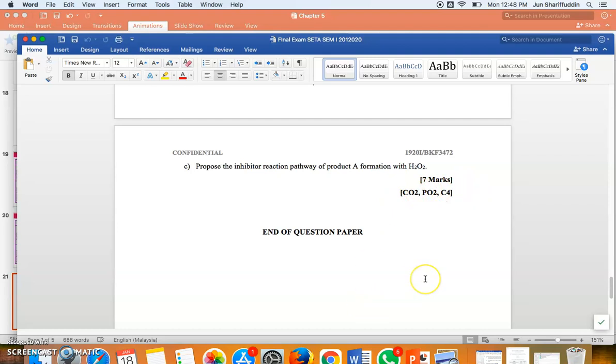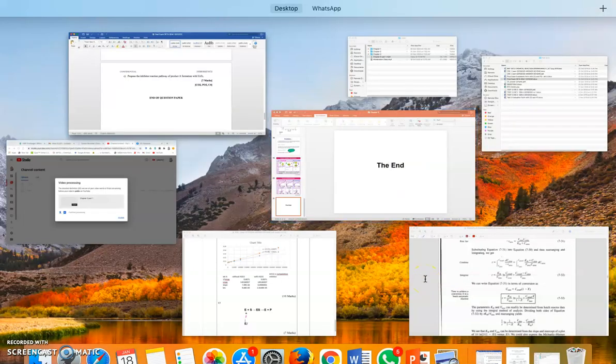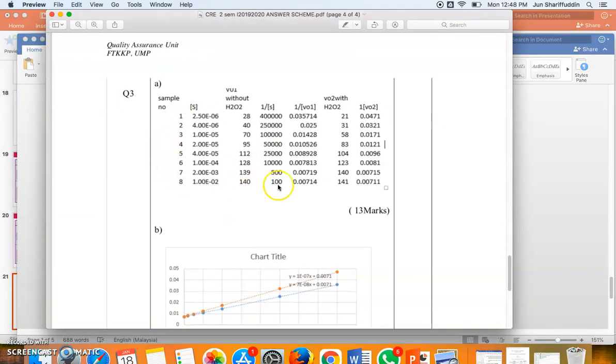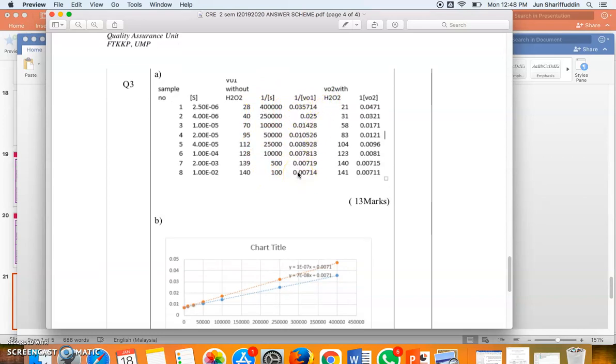So let's have a look at the answer, right? This is the initial question. You have S and also your Rs. To plot a Lineweaver-Burk plot, you need to convert it into 1 over S and also 1 over Rs. Alright, so you get this data. Then you plot.